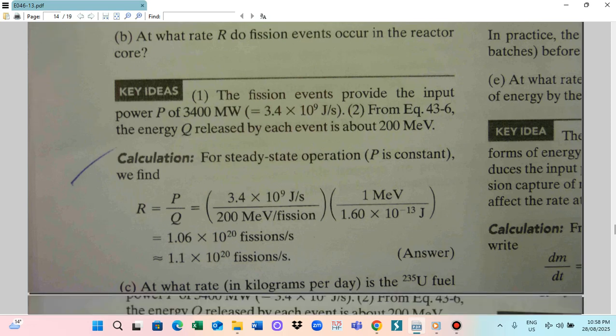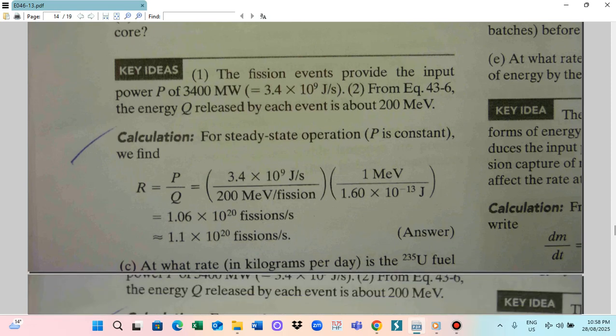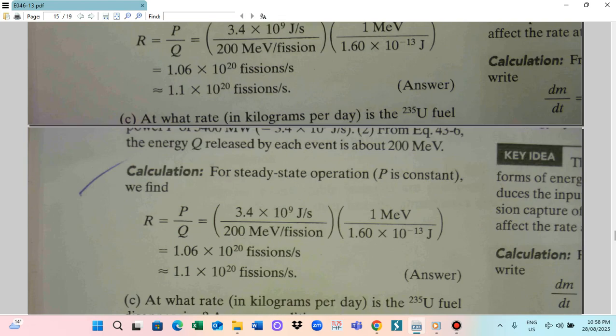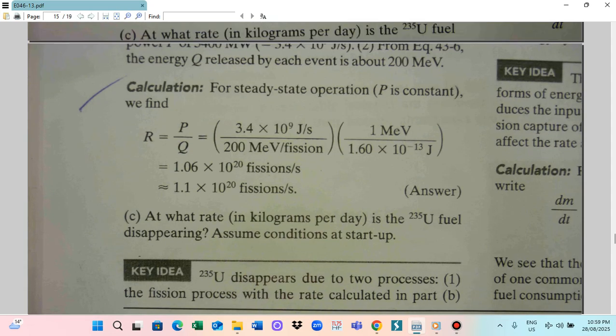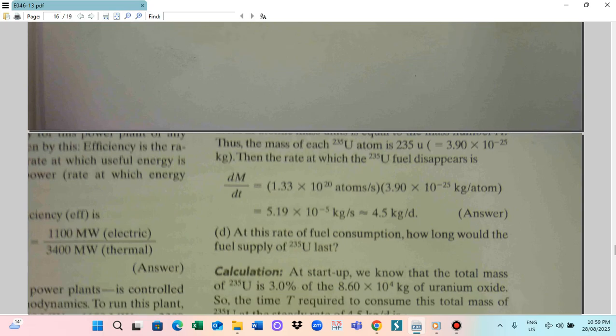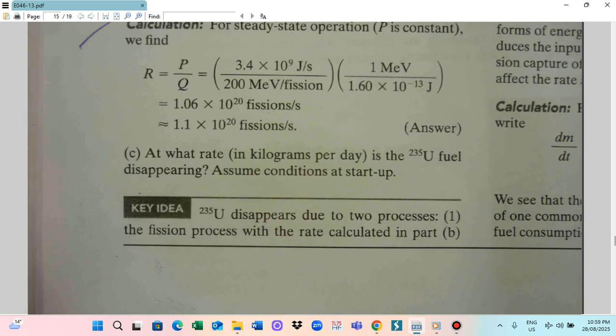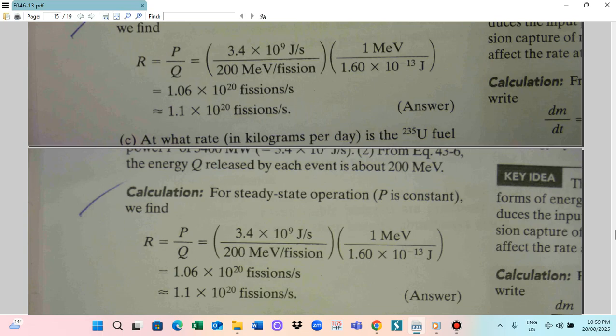So this is the nuclear fission rate. And another one is the fuel rate in kilograms a day, the uranium-235 disappearing. In this case, we have to consider how the uranium-235 disappears. There will be 1 plus 0.25, multiplied by 1.06 times 10 to the power 20 atoms per second, so this is 1.33 times 10 to the power 20 atoms.